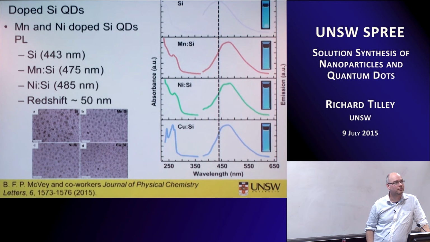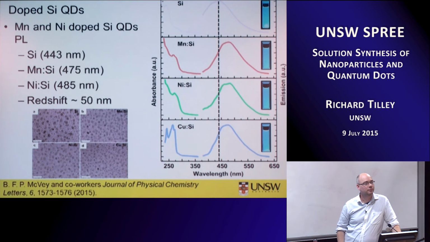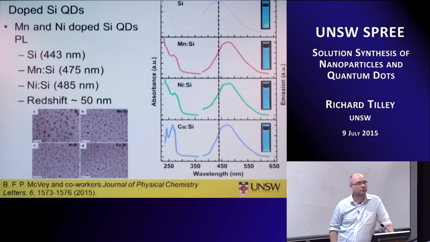Thank you for the talk. I've got two questions on silicon quantum dots. One question is about the synthesis yield. I know some methods for quantum dot synthesis give very good quantum dots, however, very low yield compared to the amount of precursors that you put in. So what about the synthesis yield for silicon quantum dots? Because for making devices, we usually need a lot of material to make thin films or whatever.